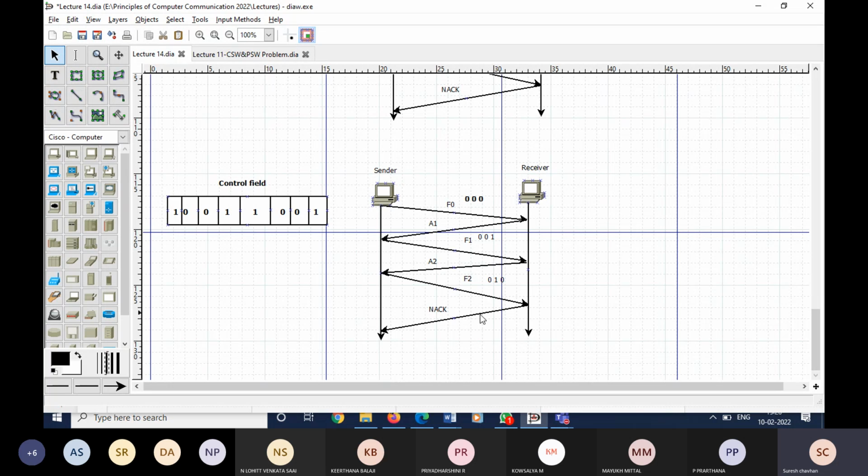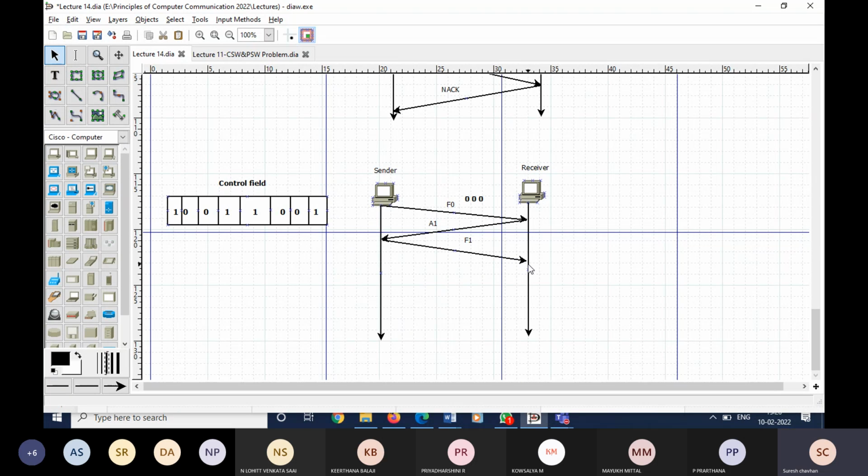So this timing diagram, I will show you. It's expecting F1.